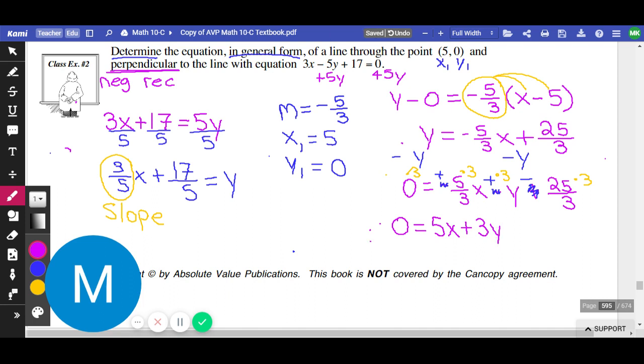And then minus 25 times 3 would be 75. Then divided by 3 would be 25. So minus 25. That is an equation in general form, which is perpendicular to the line we were given and goes through that random point 5, comma 0.